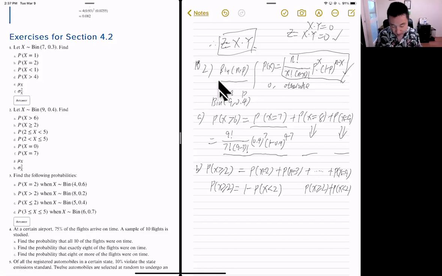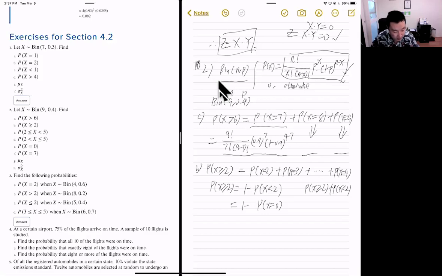This is a trick you will often use for probability mass functions. So that's equal to 1 minus P(X less than 2). Less than 2 includes P(X equal to 0). Don't forget 0. 0 means we have 0 successes out of these 9 trials, so do not forget X is possible to be 0.